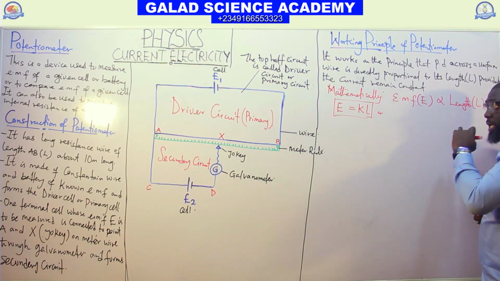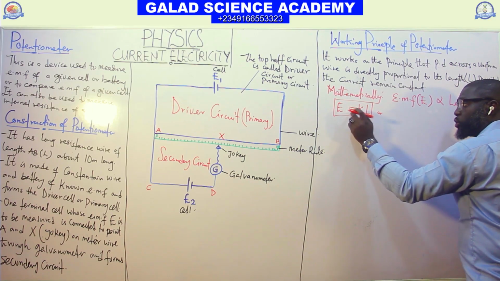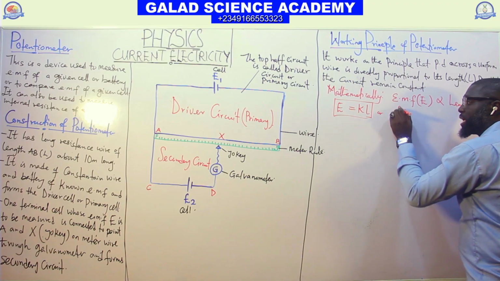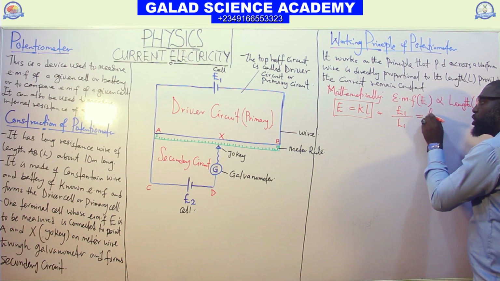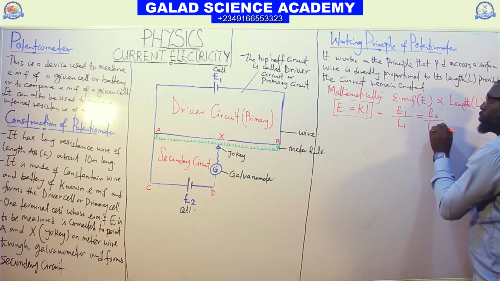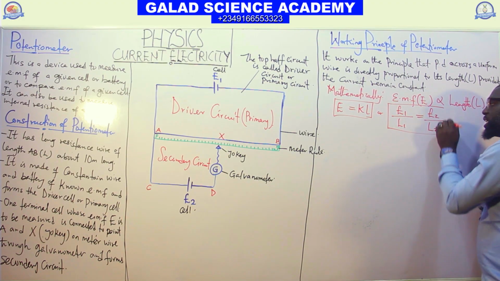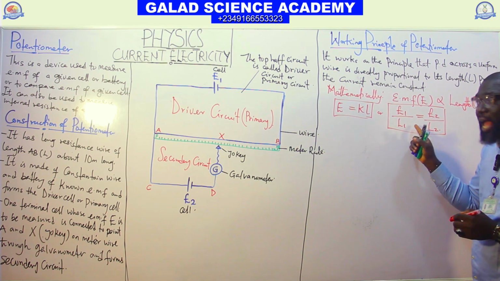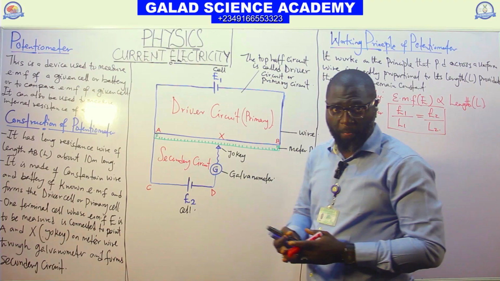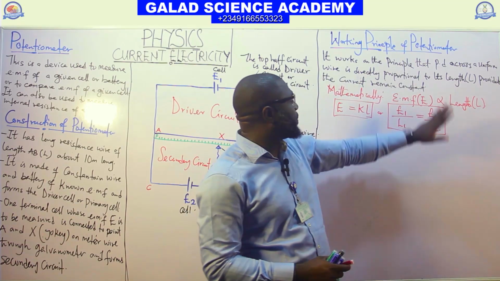For two cells, E1 over L1 equals E2 over L2. So this equation is used to compare the EMF of two cells.